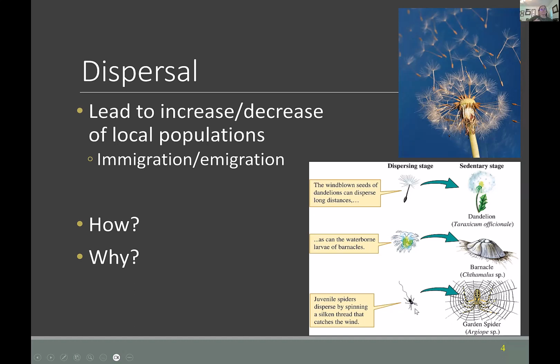And again, that can be picked up by the wind and move. So it could be in fish. Fish do the same thing, fish eggs in the water column. Lots of reasons why populations or individuals would move to various little parts of the ecosystem and move between populations.